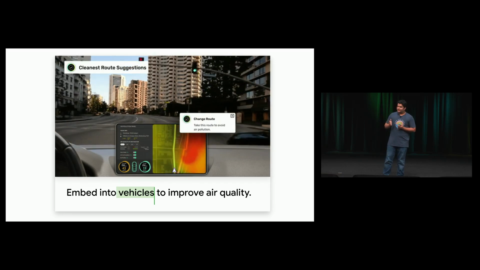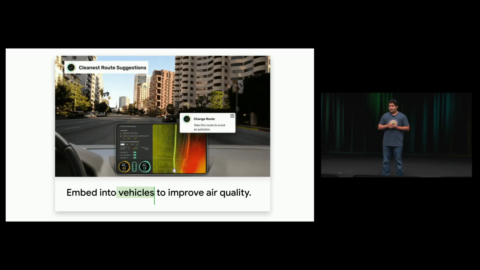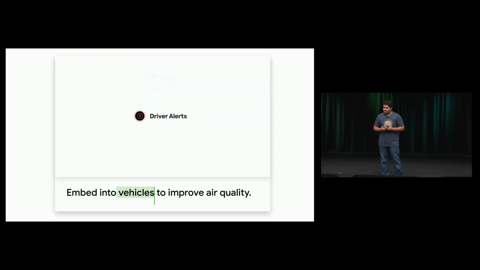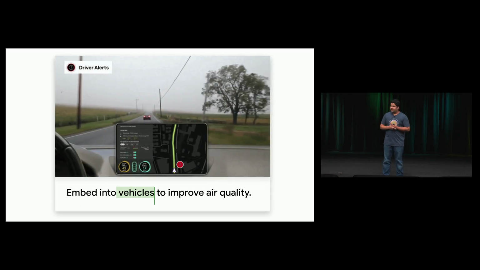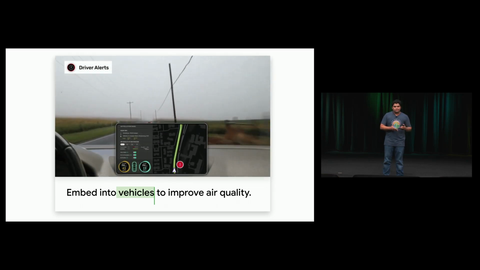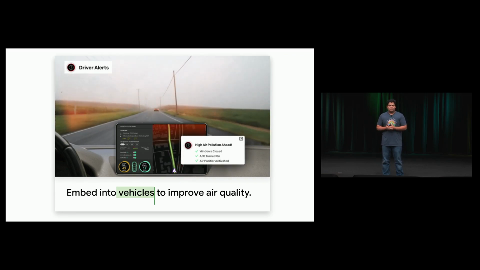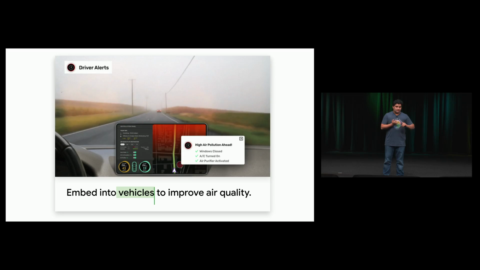It's no surprise that exposure to air pollution during your daily commutes can have a drastic impact on our lives. Imagine a scenario where your vehicle is automatically being updated or is providing you alerts about possible air pollutants down your route.